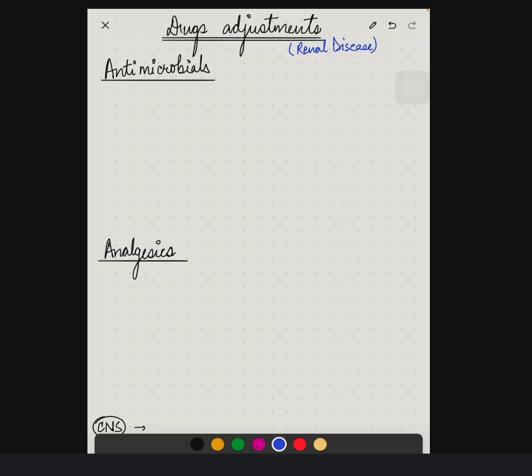Among all the antimicrobials, there are 5 drugs that require adjustment in dosage in these patients, and they are amoxicillin, cephalexin, fluconazole, acyclovir, and tetracycline.